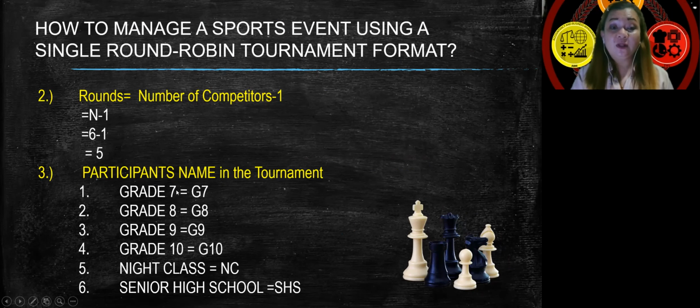So let us name them: we have grade 7, grade 8, grade 9, grade 10, night class, and of course, the senior high. These are the participants' names. So first, you've already provided the number of matches, you already have the number of rounds, and now you were able to name your participants.